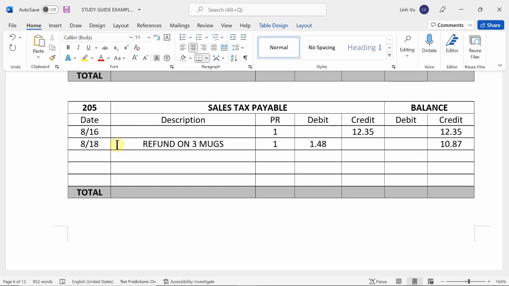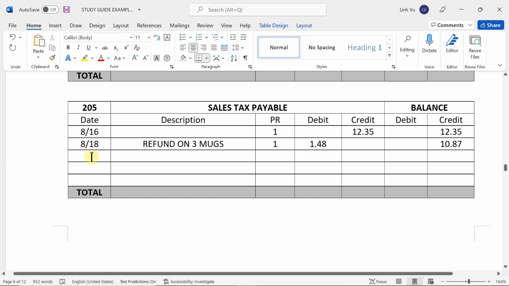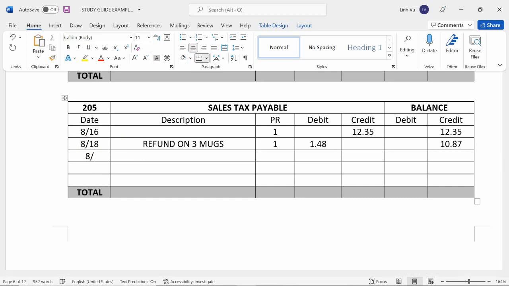For a total of, say that again, $299.50 times 8.25%, $24.71. You increased it by $24.71.